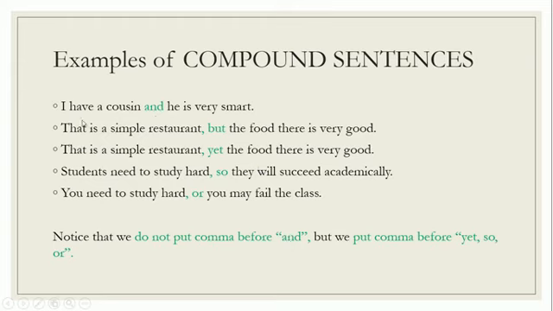If you just have two statements or two clauses, and you want to use and, you do not need to put a comma before and. However, if you want to have more than two clauses joined with and, you put commas.